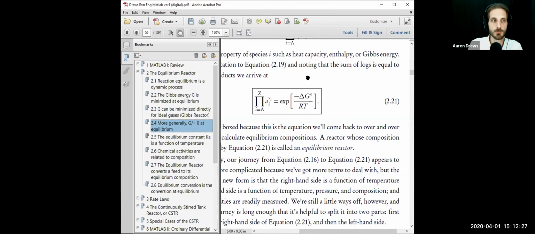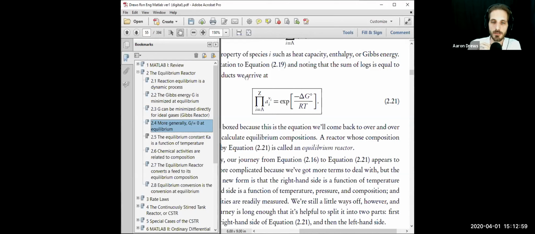For example, some rate laws that we may find don't agree with equilibrium because they're only valid over a short range where equilibrium is not important. That could be the case. But for nearly every problem we're ever going to do, equation 2.21 is defining the upper bound in terms of conversion that we can ever hope to achieve. It's split into two portions. And so today and potentially tomorrow, we're going to work just on the right-hand side, which is the exponential part.